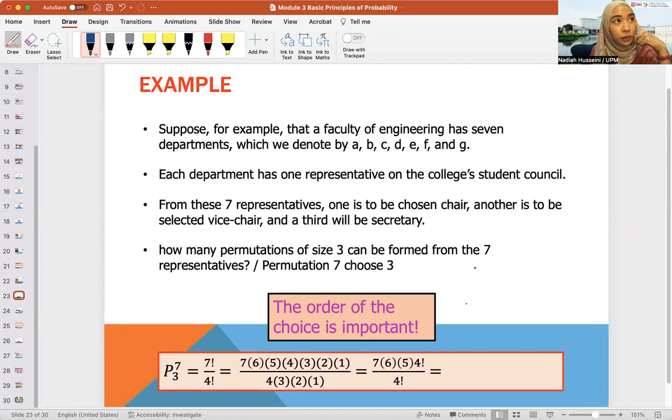What do you call this in UPM? MPP, is that right? From these 7 representatives, 1 is to be chosen as chair, another is to be chosen as vice chair, and another will be the secretary. So is this an ordered subset or a non-ordered subset?